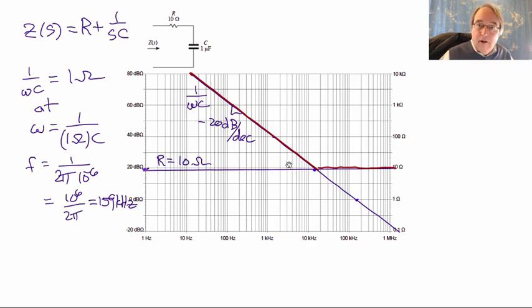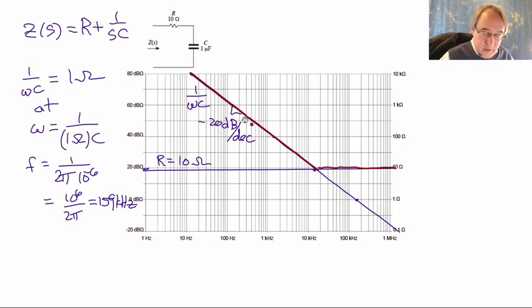In fact, all we do then for a series combination is we take the larger asymptote and use that as the asymptote for the series combination, or the sum. In this particular example, this actually gives the exact asymptotes of Z. In other more complicated cases, it won't be the exact asymptotes. This will give an approximation, but nonetheless, taking the largest asymptote is a good approximation for the sum of quantities.